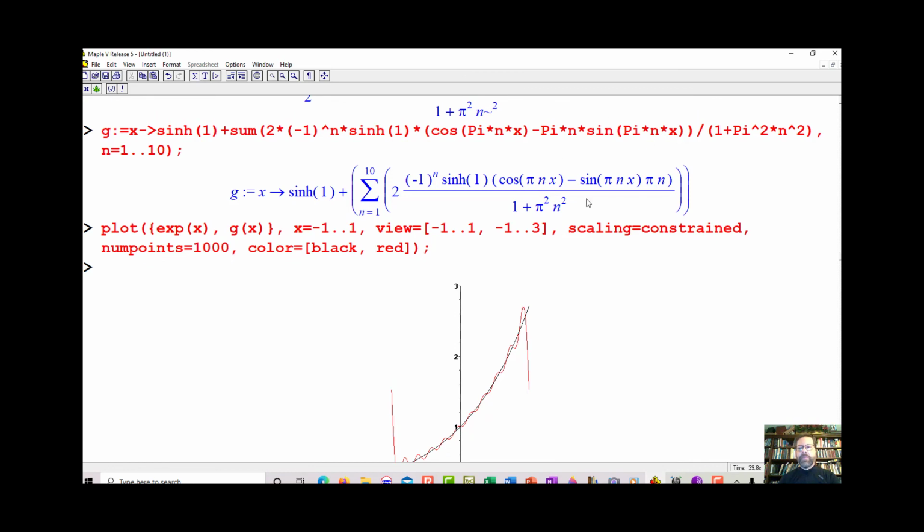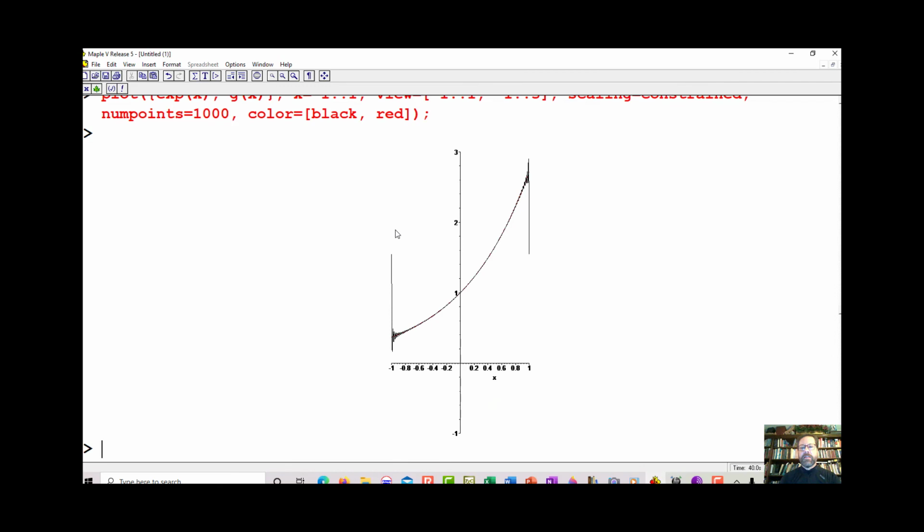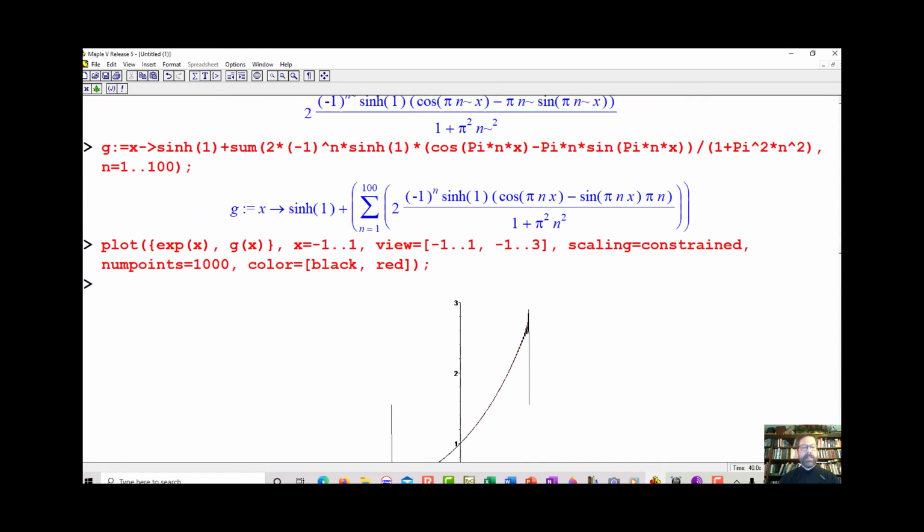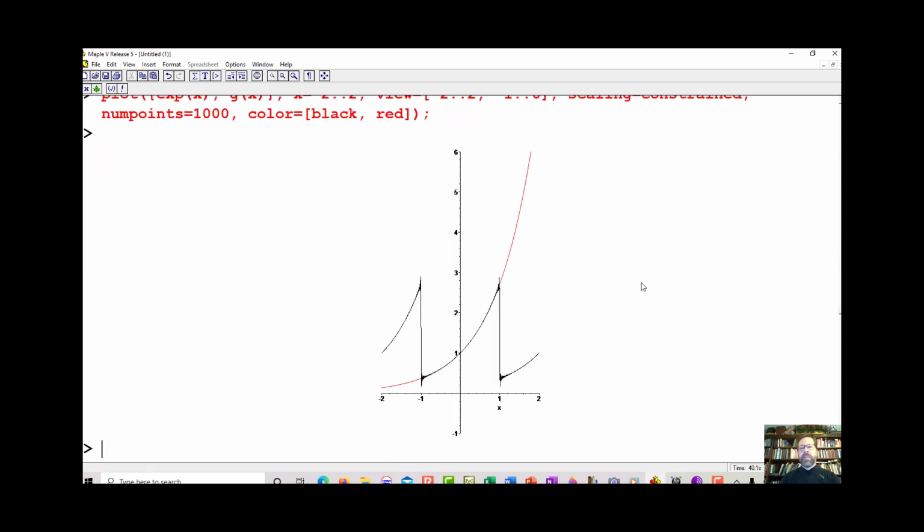Let's see now. We can do better if we increase n a little bit. And you can see that we get a tighter approximation, still suffering Gibbs phenomena at both endpoints. If we go from -2 to 2 on the x, we might need to go a little farther up on the y, let's go to 6.